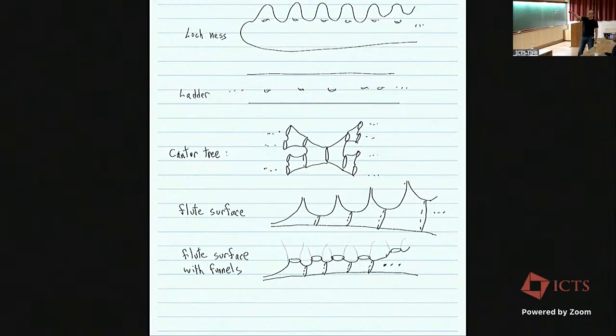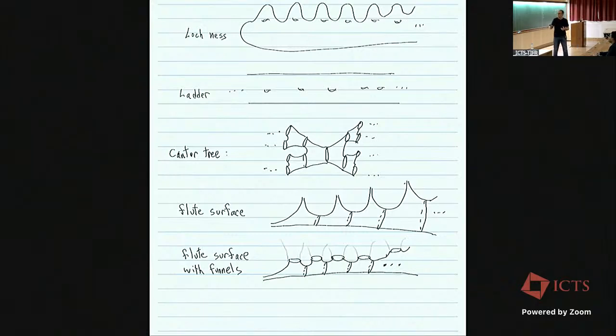So we saw the Loch Ness Monster, the ladder surface, the Cantor tree surface, the flute surface. That flute surface, not the one on the bottom, but the one above it. When I talk about the flute surface in a generic way, the space of ends is a set of points that converge to one point.